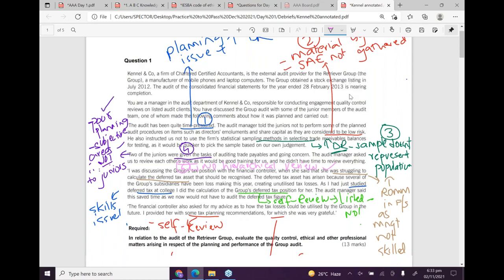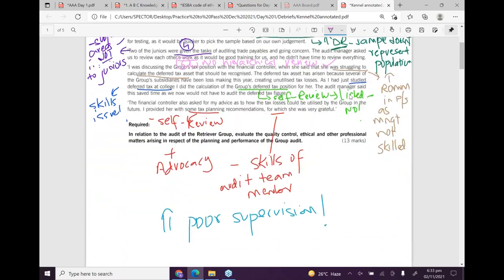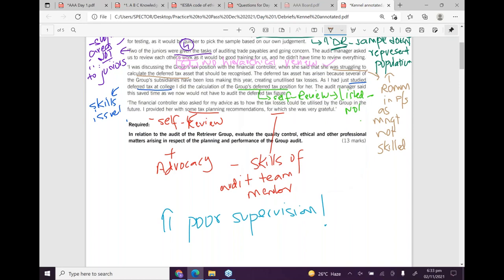Most of you did not give me the answer to the ethical problems in the format that I told you. Starting off with the brown element, the fact that the controller was struggling to calculate deferred tax increases the risk of material misstatement, which means as auditors, we need to be alert that there could be more errors in this area as well.